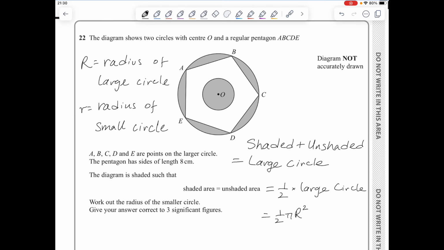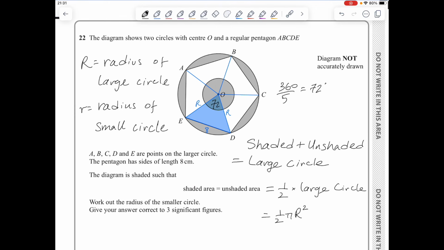Now let's divide our pentagon into 5 triangles. 2 of the sides of those triangles are equal to r, and the base is equal to 8. This is the side of the pentagon. And to find the angle at the top, I'm just going to do 360 divided by 5, which is equal to 72 degrees.